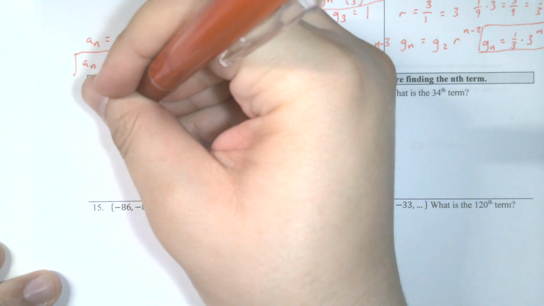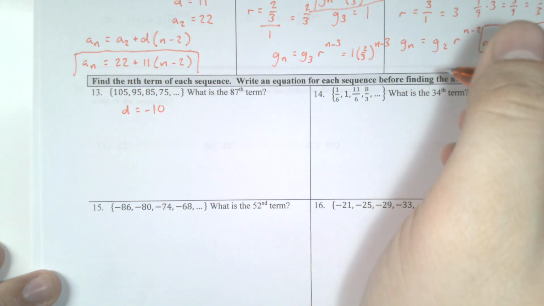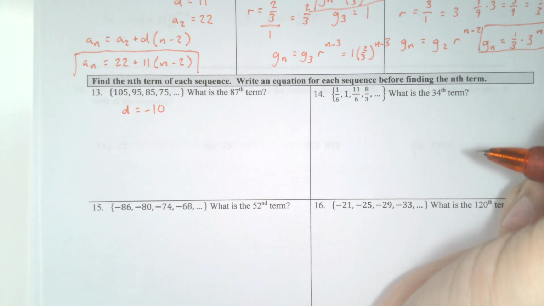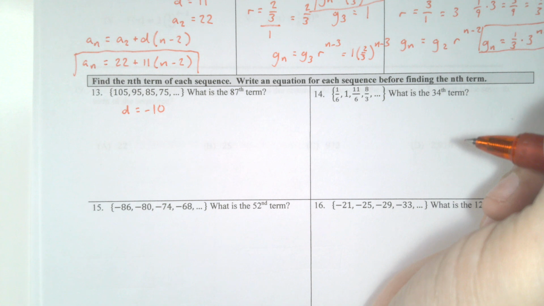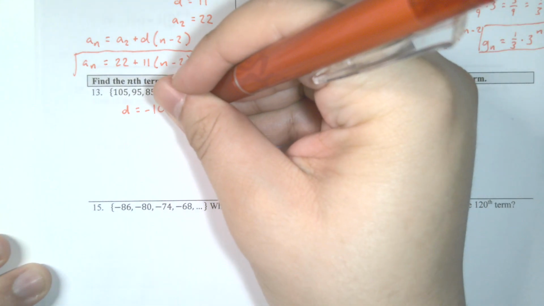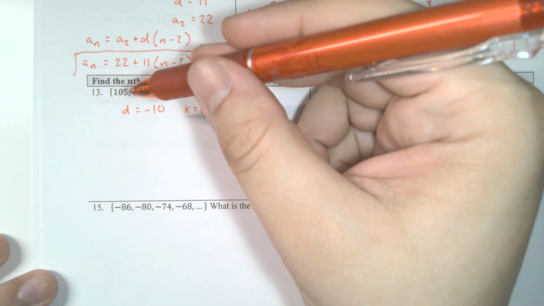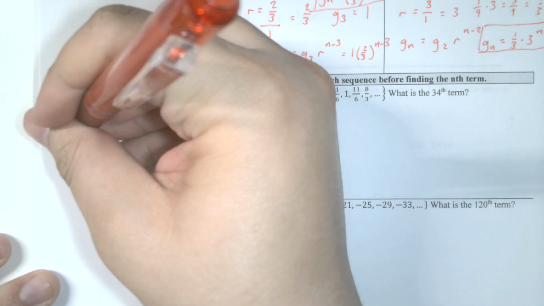We've already established that our common difference is negative 10 for this one, and we can choose whatever value we want for k. I'll choose k is equal to 1, because why not? So if k is equal to 1, then our first term is going to be 105.